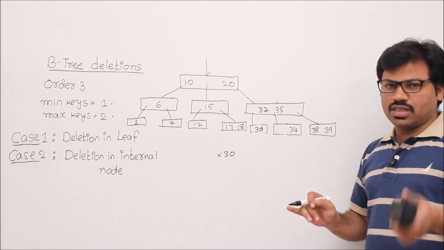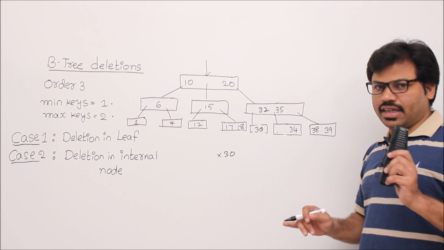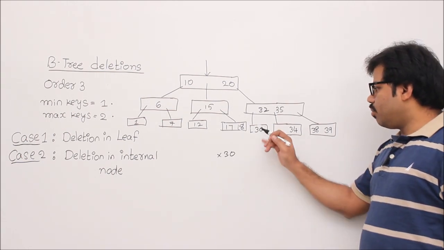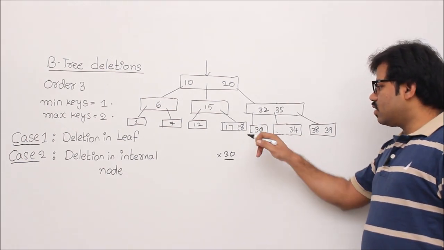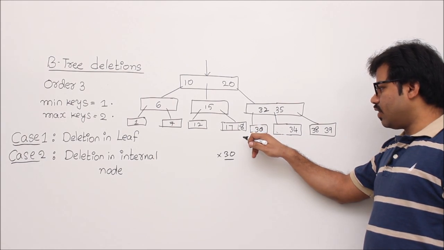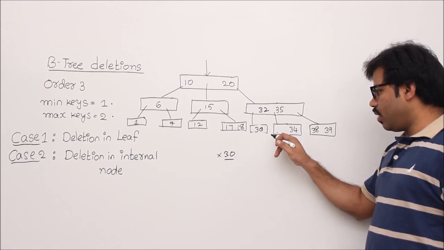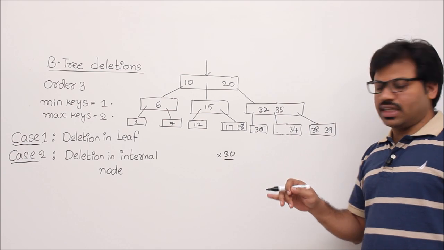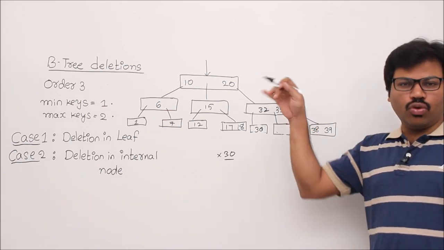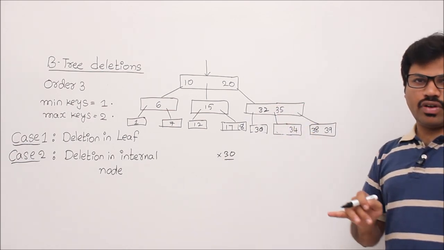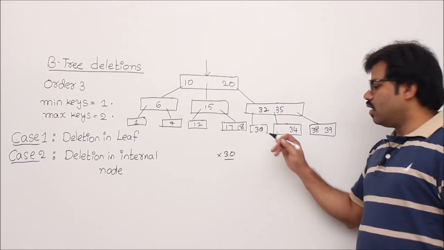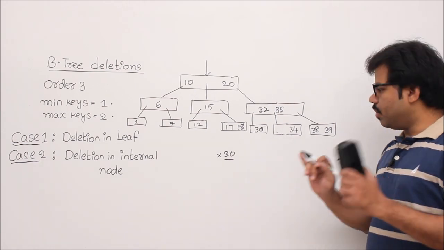Sometimes it may not be possible, and that is case number 3. For example, let's say you are deleting 30. Now this node doesn't have sufficient keys, and the sibling also doesn't have sufficient keys to give. The only possibility, like in a B plus tree, is merge.